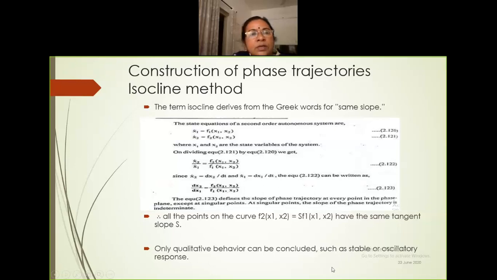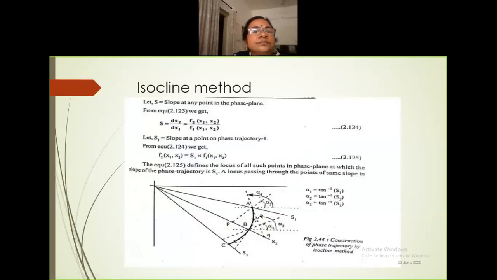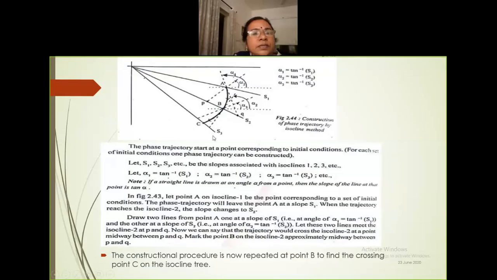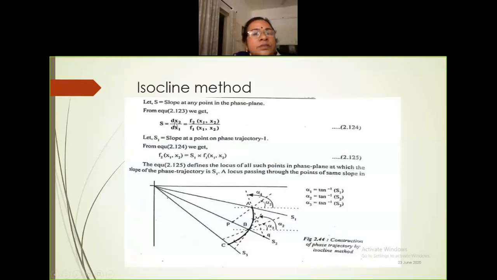Okay, now the isocline method. Let s be the slope at any point in the phase plane. So in the previous slide we have s is equal to dx2 by dx1, which is equal to a function of x1, x2 divided by a function of x1, x2.